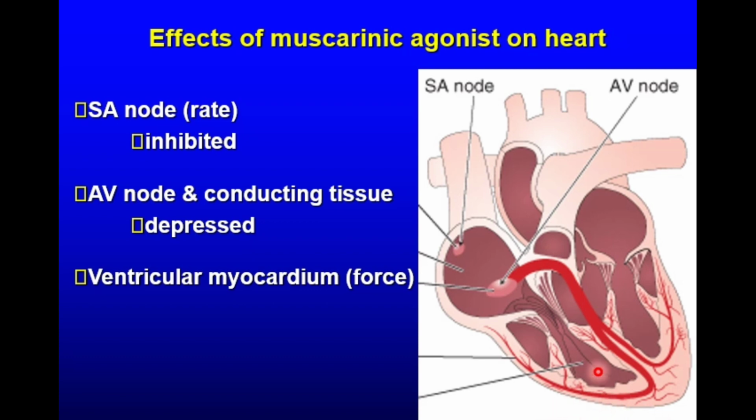However, muscarinic receptors exist on the ventricular myocardium. Administered muscarinic agonists could activate these receptors and decrease the force of ventricular contraction via release of EDRF.